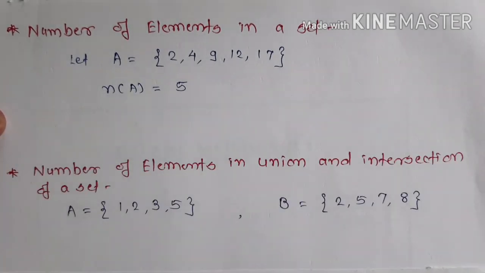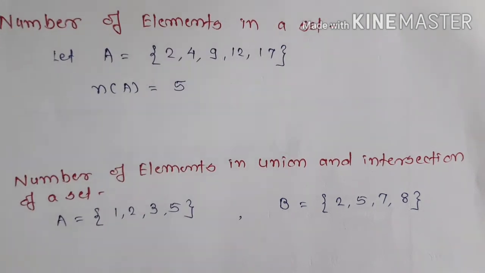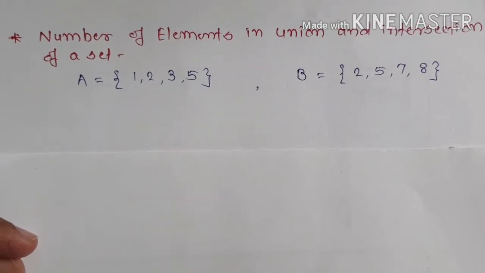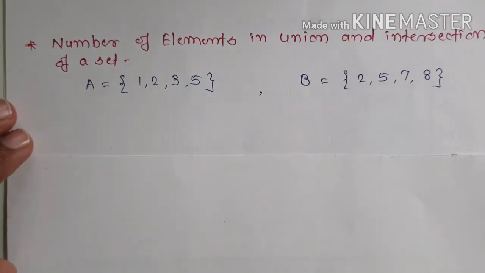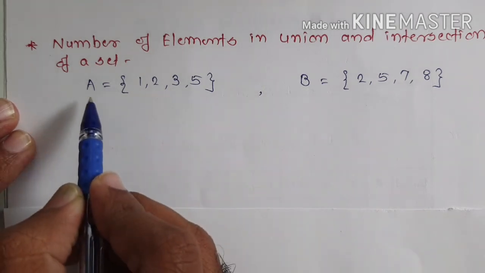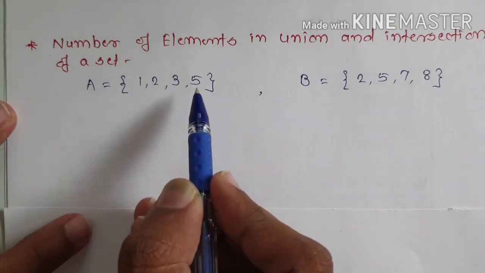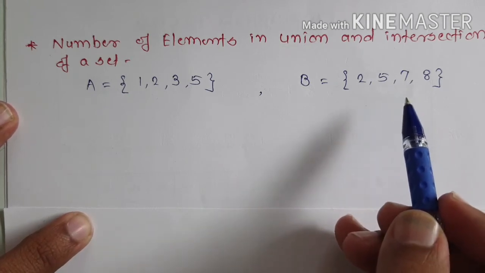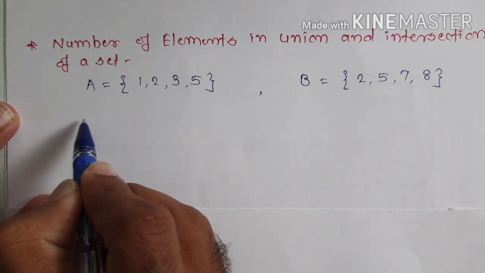Now based on this, we have one property, that is number of elements in union and intersection of a set. For this one, consider two sets A and B. Set A has elements 1, 2, 3 and 5, and set B has elements 2, 5, 7 and 8. First of all, we have to find their union.